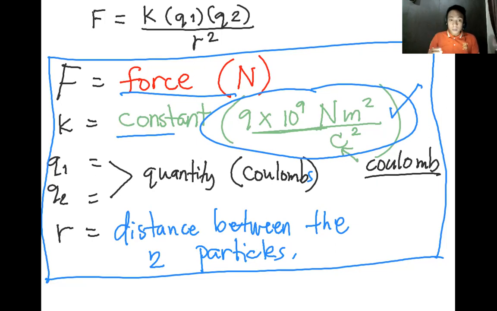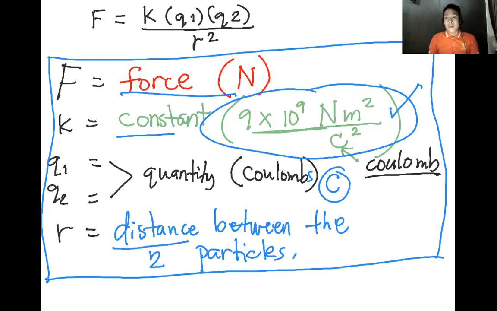And here we have the quantity or the coulombs. Of course, their unit is C. The symbol for Coulomb is big letter C. And then for the R, it's the distance between the two particles.